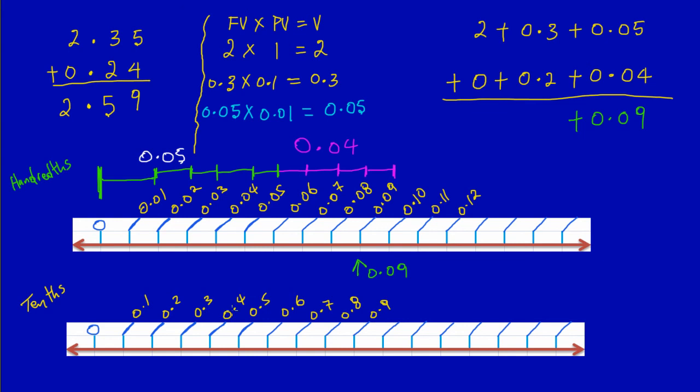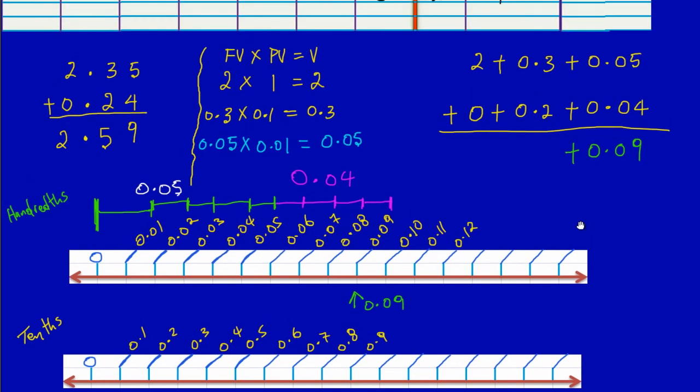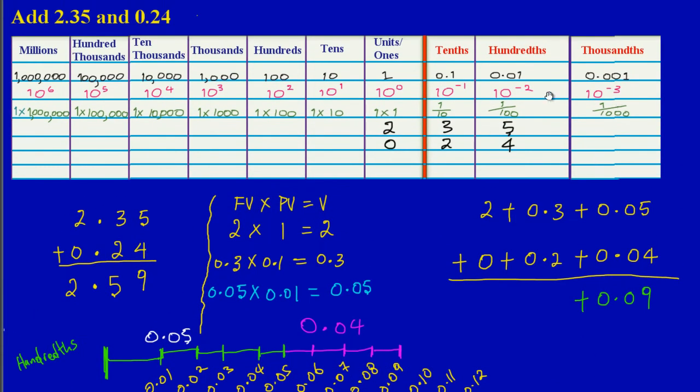I can just stop there. You'll get the general gist of what is happening: I'm just going up by 0.1. Let me pull this up a bit to show you where I'm at now. I've completed my hundredths column, so I'm now in my tenths column.